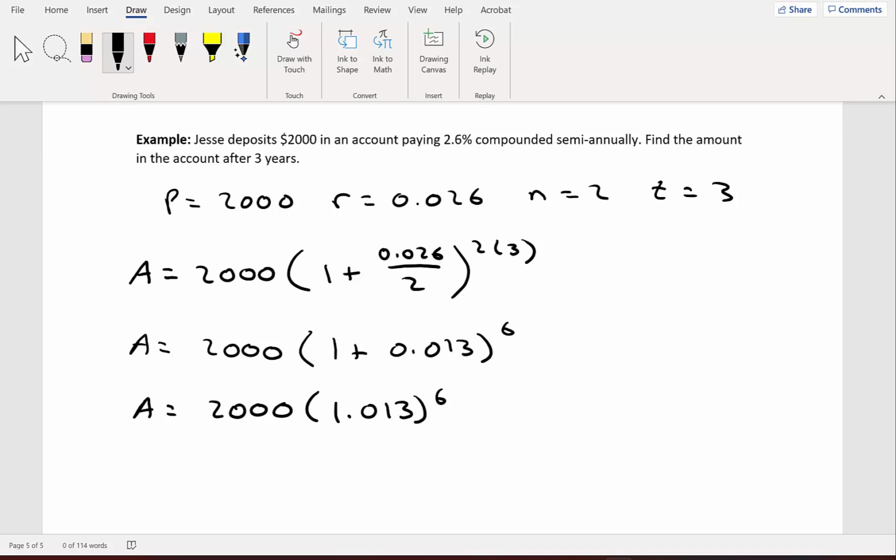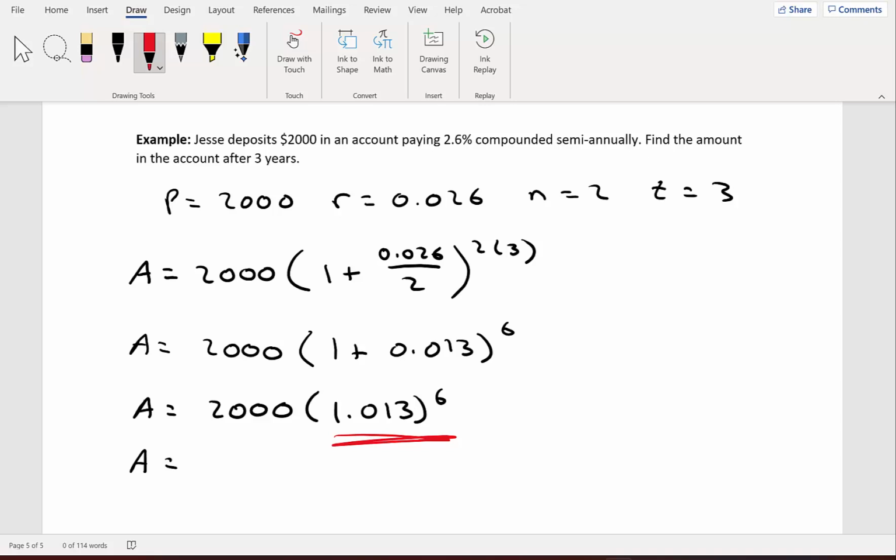Now we're going to use our calculator. Let's put this expression first in our calculator: 1.013 raised to the 6th power. Press enter, and leave this result in your calculator. You have 1.080579371. Don't round it, because then you might end up with some round-off error.